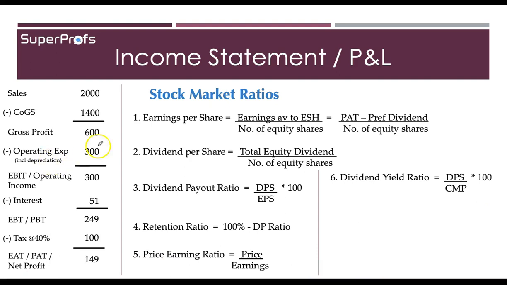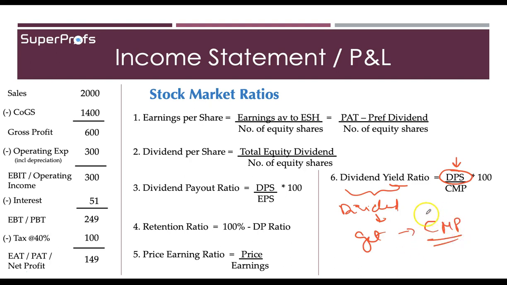Now the next one is dividend yield ratio. Dividend yield ratio is basically how much dividend you will get at the current market price. You calculate this by dividing the dividend per share value by the current market price.